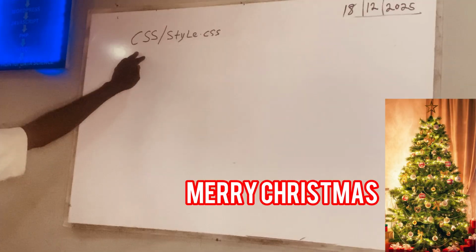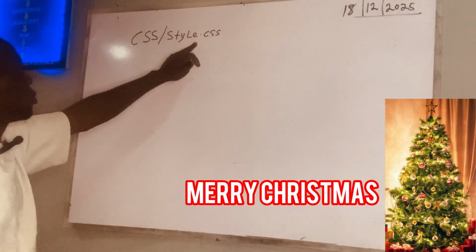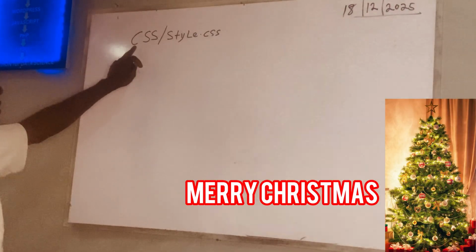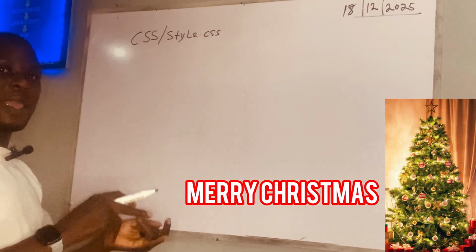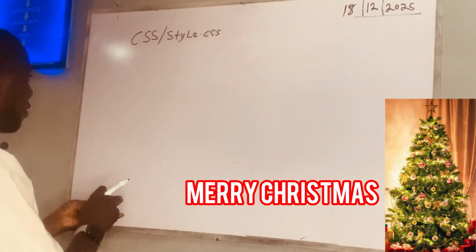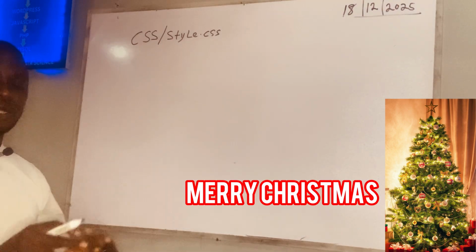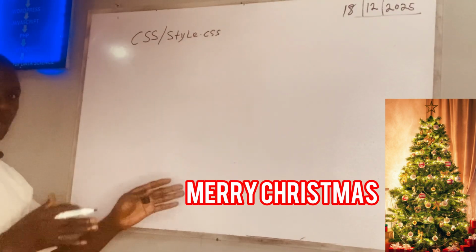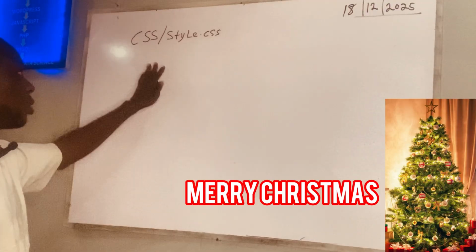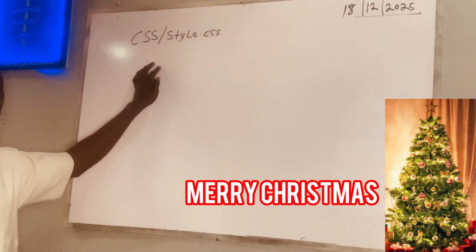So if you want to include a link to connect to this external CSS, you know we have three types of CSS. We have inline CSS, we have internal CSS, we have external CSS. The other day we talked about the other two types of CSS, but we did not touch external CSS.